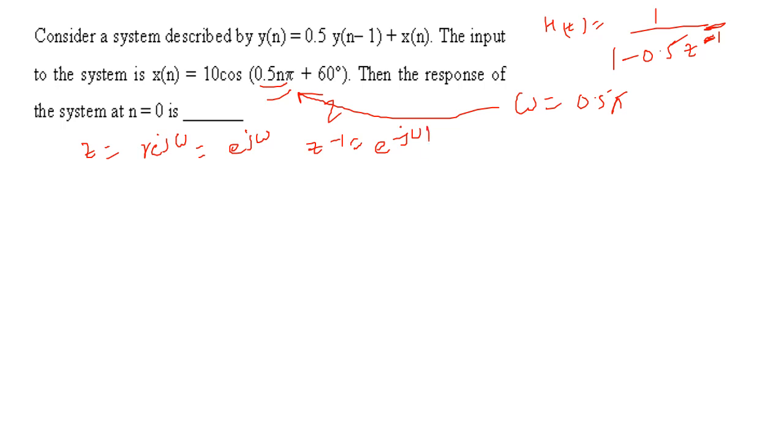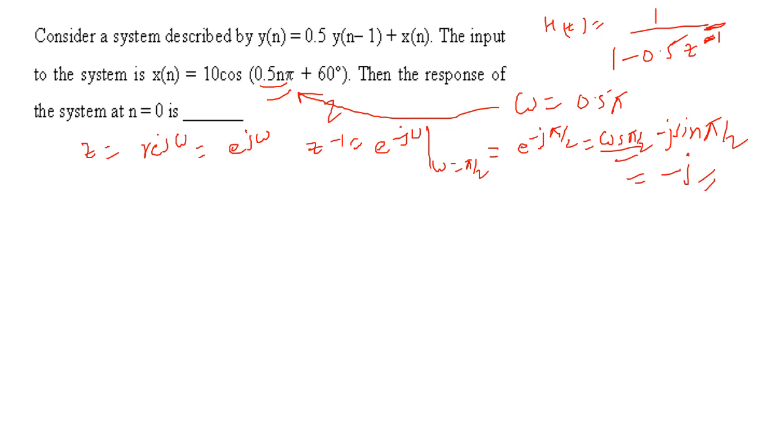We know omega is pi by 2, because 0.5 pi is pi by 2. So it is e^(-j pi/2). Now this is cos(pi/2) minus j sin(pi/2). You know that cos(pi/2) is 0, so this will be minus j.